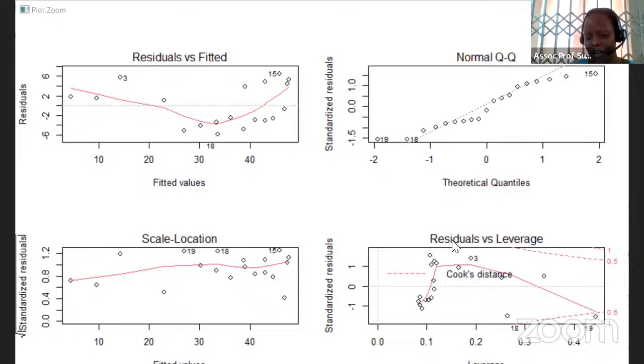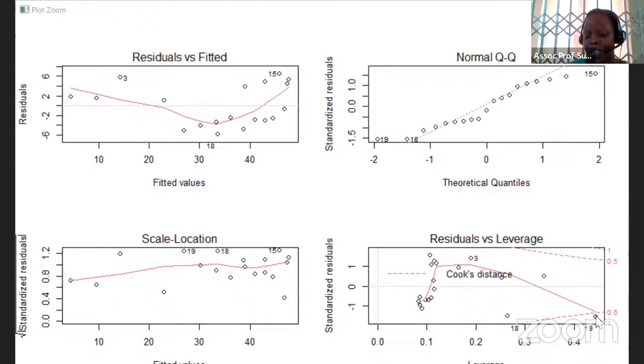If we look at the residuals versus leverage, we find that there is 1 point here below the red dotted line. And that point indicates that it might be an outlier. It has a higher residual. So you don't delete immediately. Go and investigate whether it is a typo or it is a genuine residual.